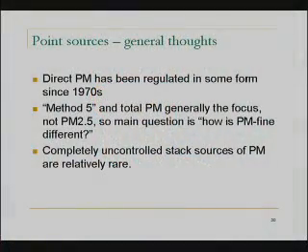So direct PM has been controlled in some form for many decades. Typically, what I would call Method 5 or total particulate has generally been the focus of programs. So really, against that background, we're now asking the question, how is fine PM different from PM10 or total PM?